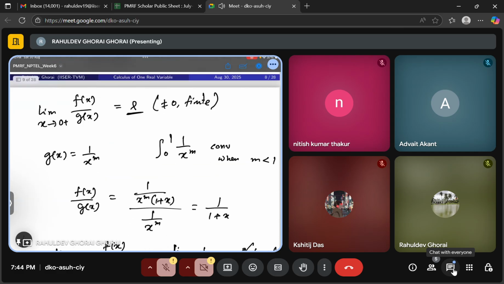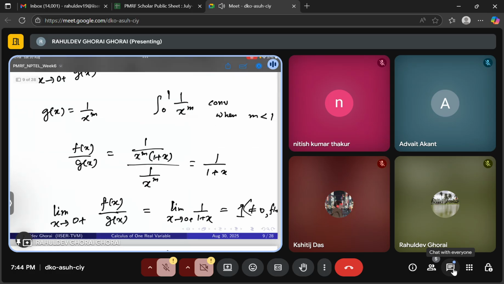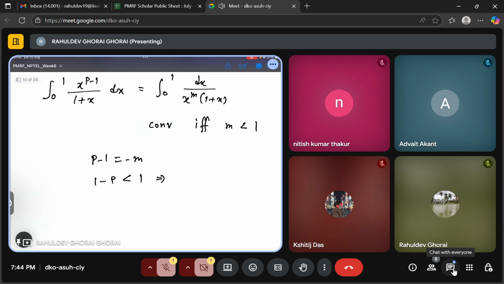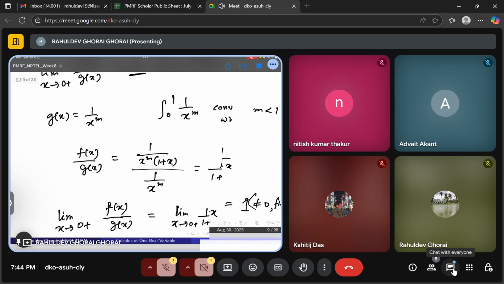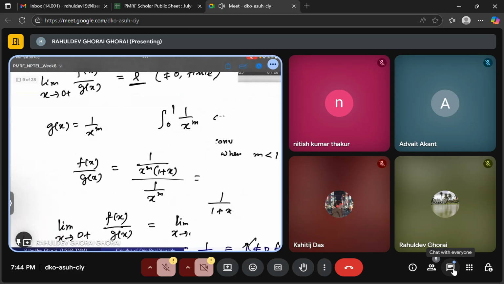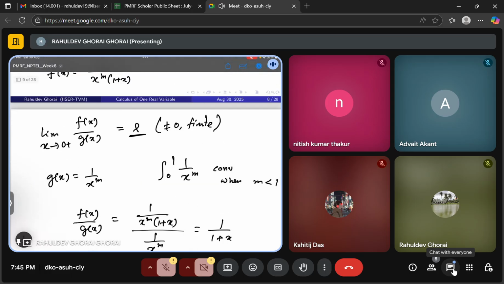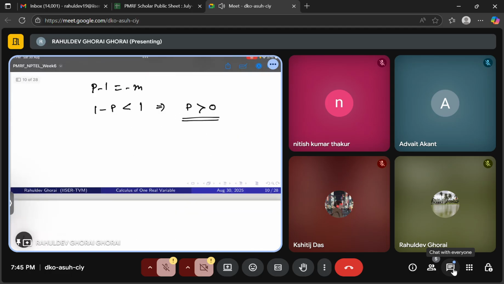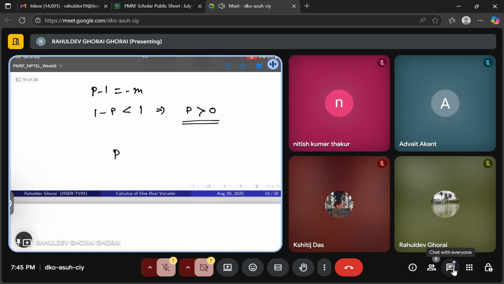Yes. Right? That I have written it correctly. So that implies p has to be strictly greater than 0. See, we got the convergence. So p is greater than 0.